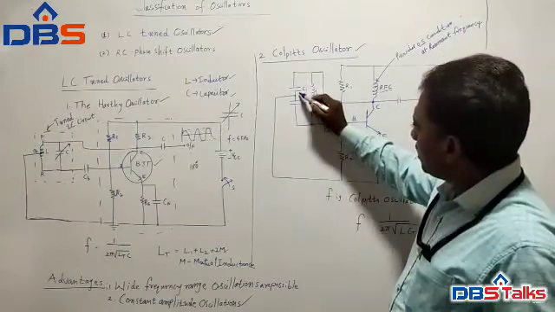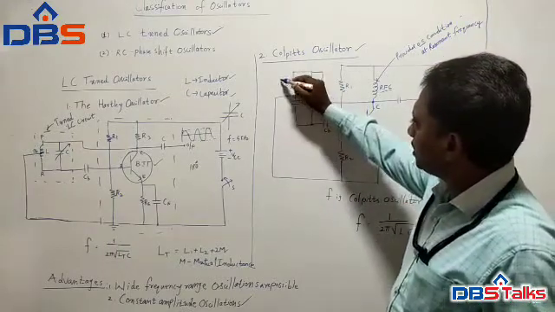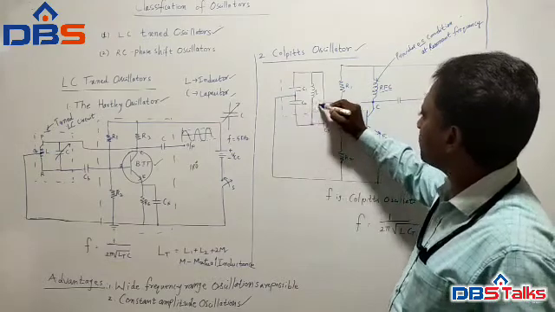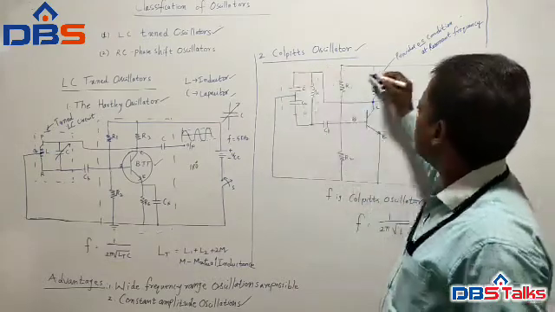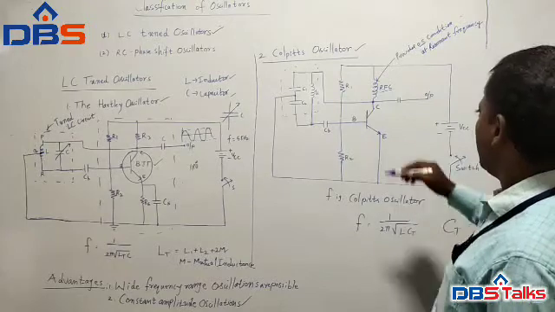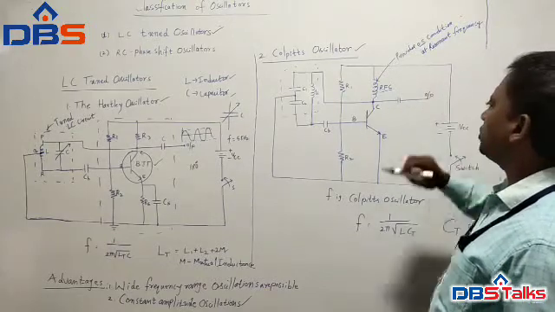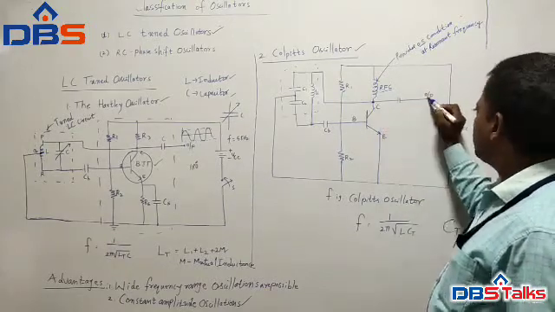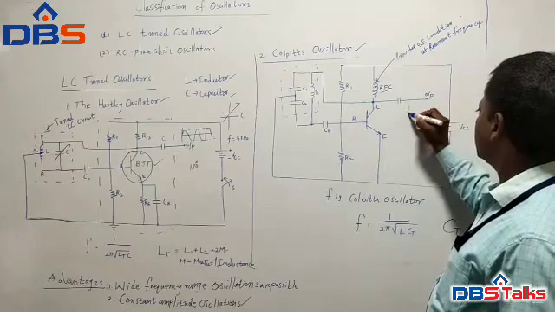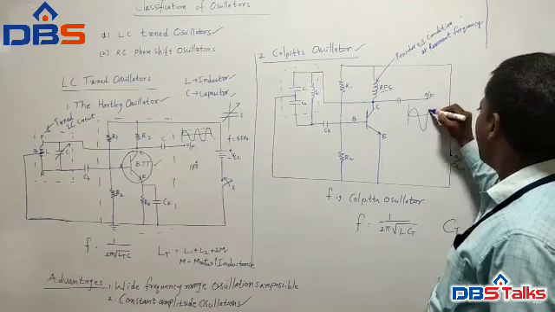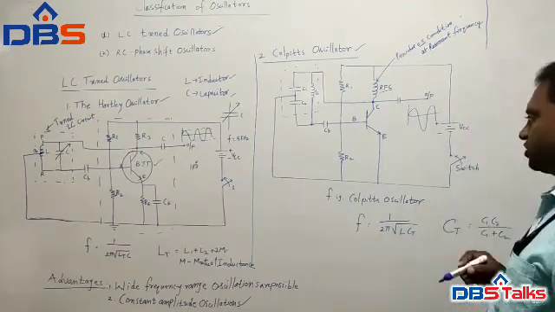Whenever this tuned circuit is in resonance, it becomes an open circuit and also provides a low resistance. Therefore, you will get the maximum signal in sustained oscillations at the output of the Colpitts oscillator.